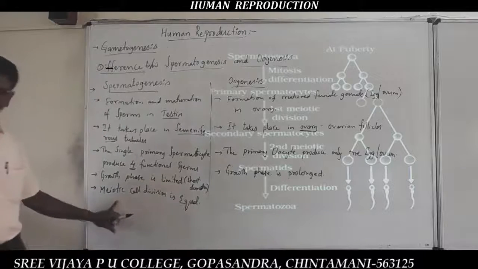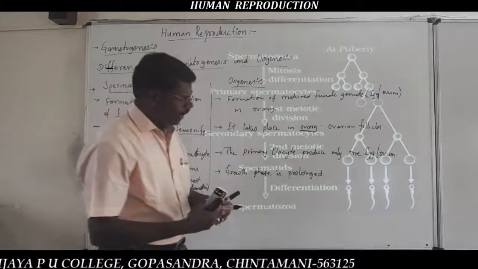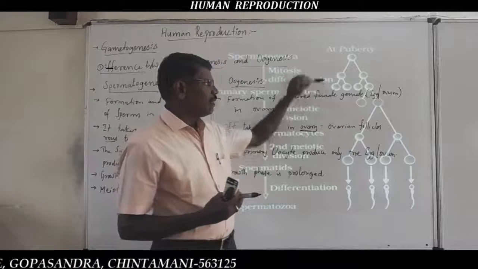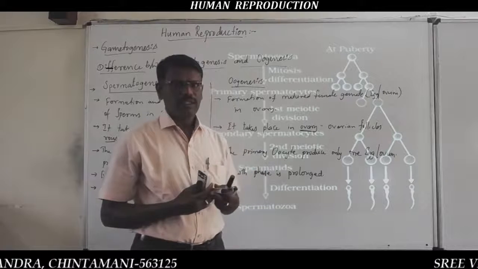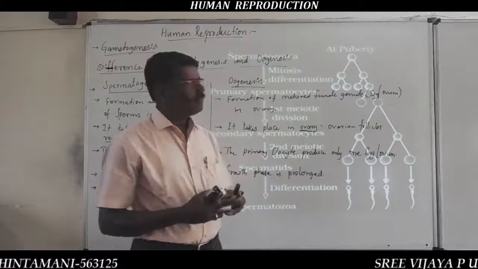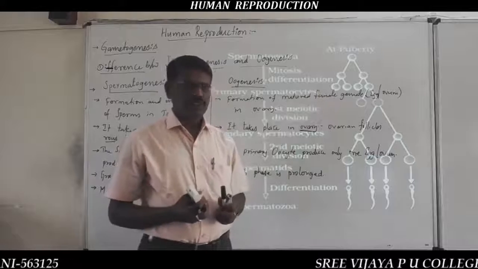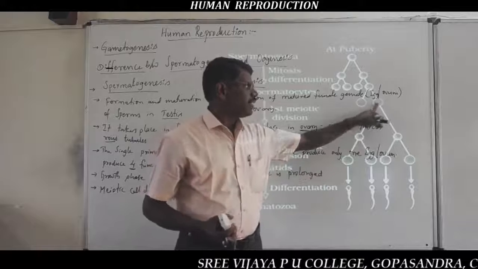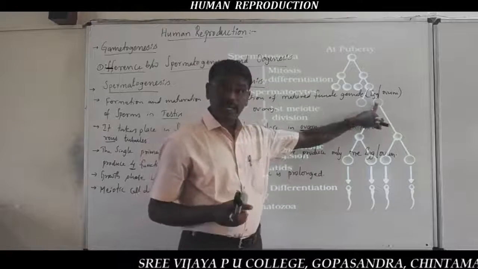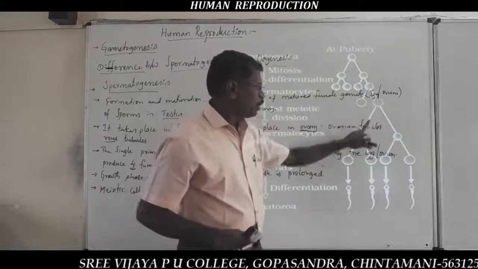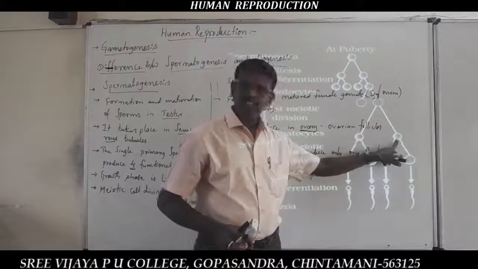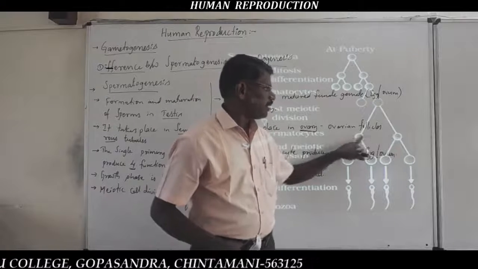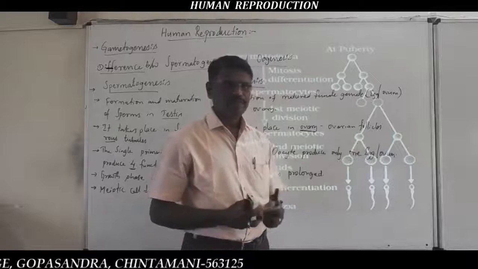In spermatogenesis, every cell division is equal, even mitosis is always equal. In meiotic cell division in spermatogenesis, a single primary spermatocyte produces 2 secondary spermatocytes, and these daughter cells are of equal size.